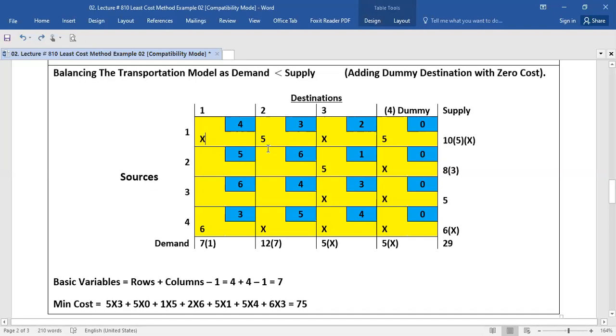Now for the next allocation, you have 4 as the least. This is the cell where the cost is least. From these 4 blank cells we have this cell with least cost. So we will make our allocation, as here we have demand 7 and supply is 5.